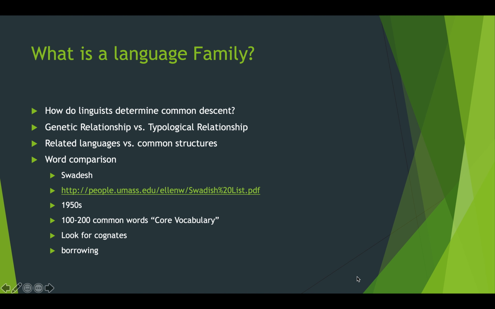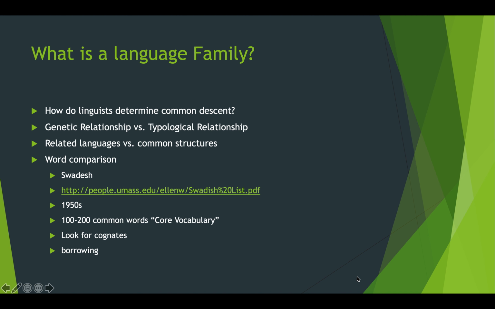And then you have what's called a typological relationship. A typological relationship is commonalities in a language that is not necessarily a genetic relationship, that these people are related to other people, but more that they share common features in their language.